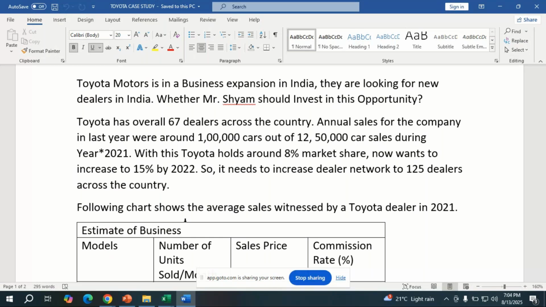The annual sales of the company in the last year was around 1 lakh cars, out of which, two more zeros should be added, 12 lakh 50,000 car sales during the year 2021. With this, Toyota holds around 8% market share and now wants to increase it to 15% by 2022. So it needs to increase its dealer network to 125 dealers across the country.